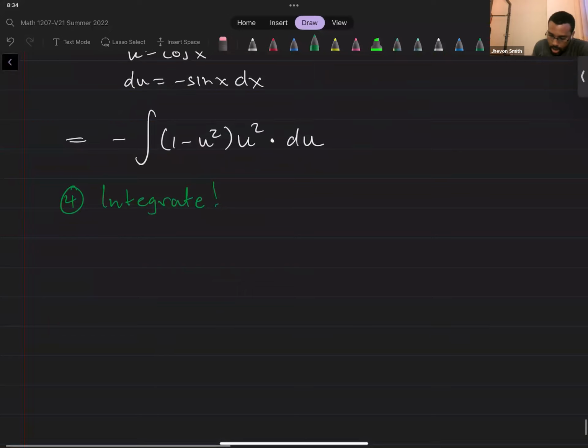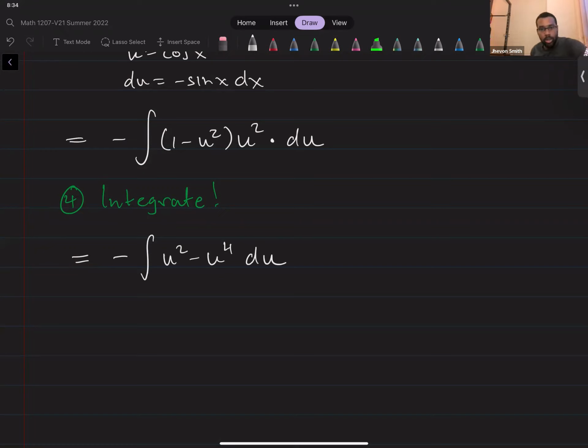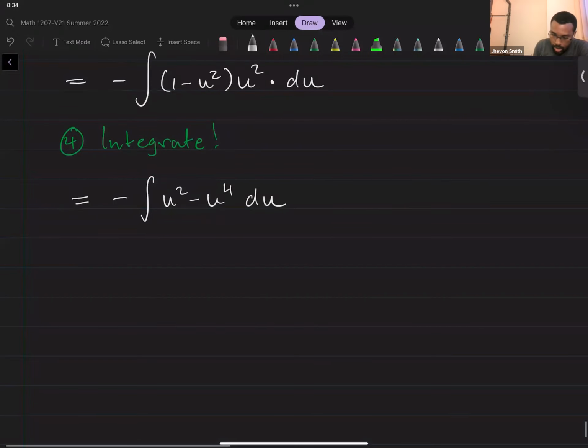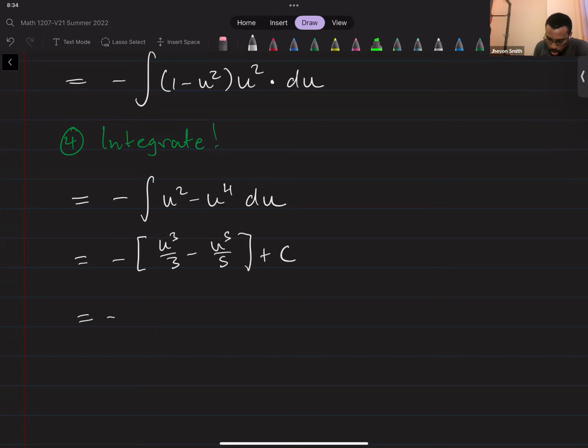At this point, we go through our art of integration. What does this look like? Is it a basic rule? No. Can I simplify it to look like a basic rule? Yes, by expanding. By multiplying out, I get it to look like the power rule. And so now u cubed over 3 minus u to the 5th over 5 plus C, where your u is the cosine.